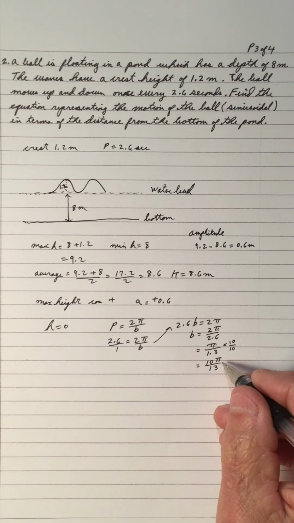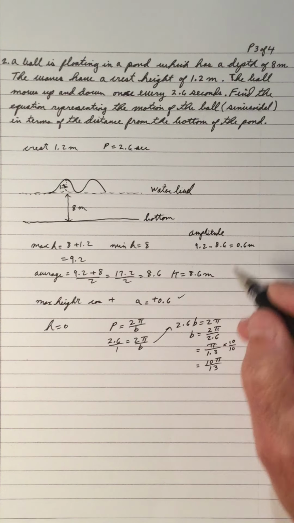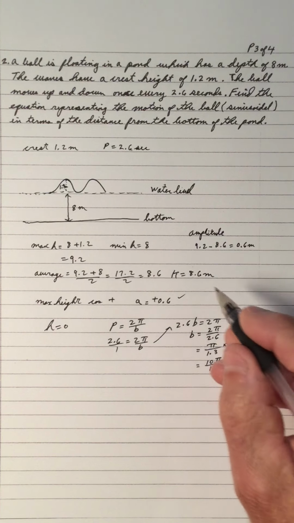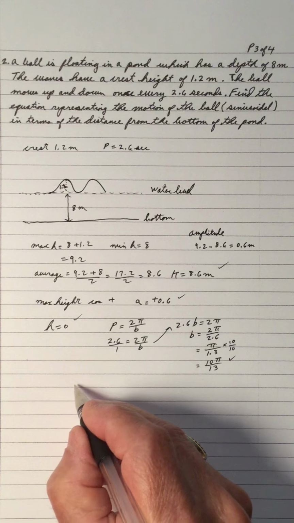So now, do we have A, which is the amplitude? Yep. Do we have B? Yes. Do we have H? Yes. And do we have K? Yep. So we have the equation.